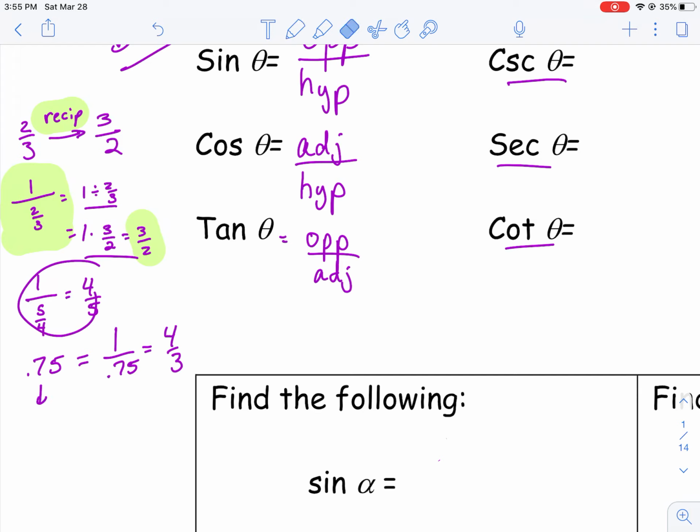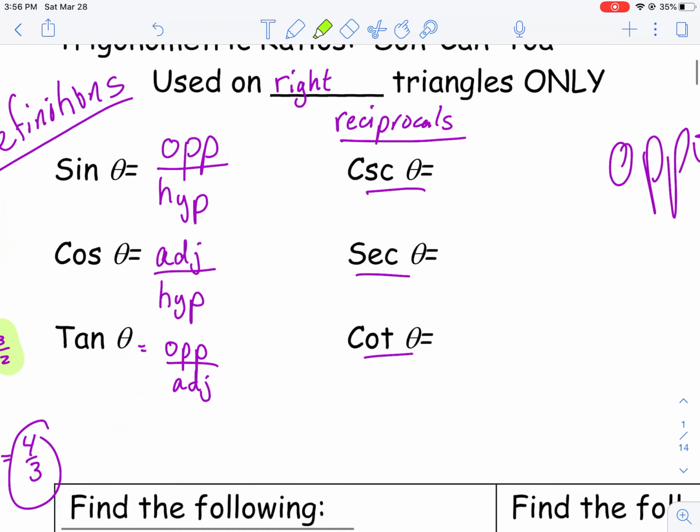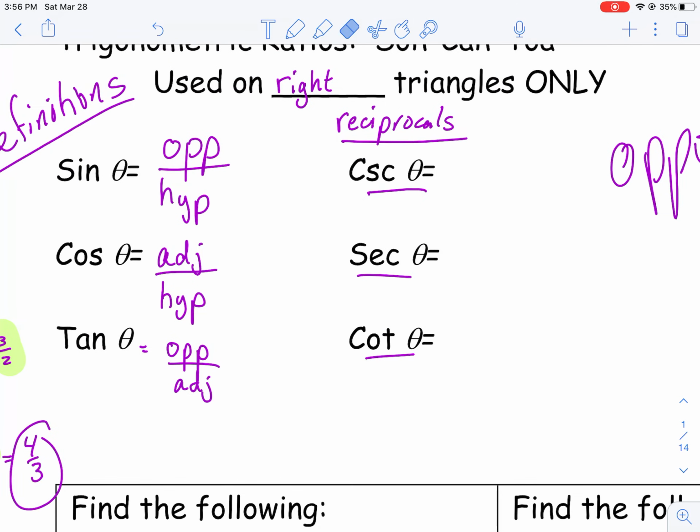I need to be a little careful here. It's bothering me because 0.75 is not equal to 1 over 0.75. It's the reciprocal of that. 0.75, though, is 3/4. So this little 1 over trick works with decimals, it works with fractions, and over here we're going to write that with cosecant as well.